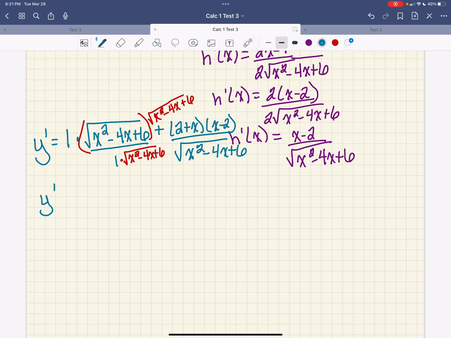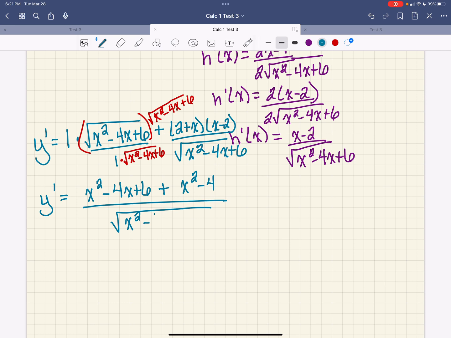So then I've got y prime equals x squared minus 4x plus 6 plus, and now I'm going to multiply this right here, and I'm going to FOIL it. When I FOIL this, I end up with x squared minus 4. So that's my numerator, and my common denominator is the square root of x squared minus 4x plus 6.